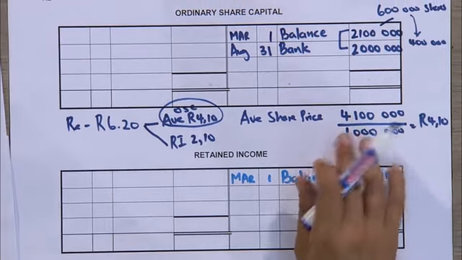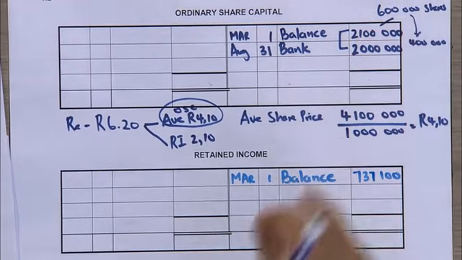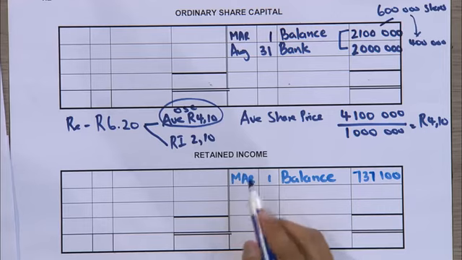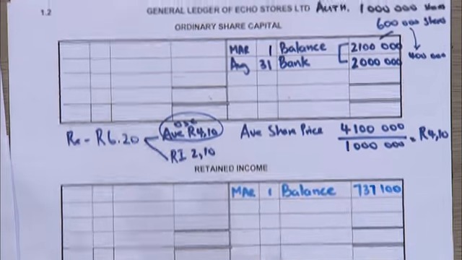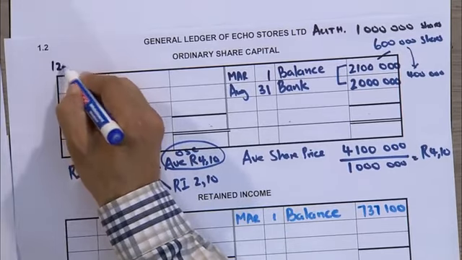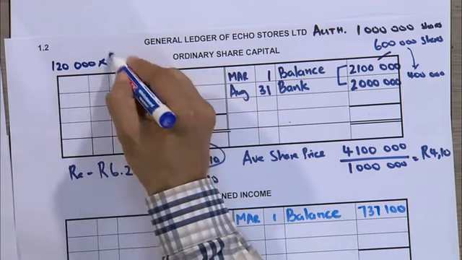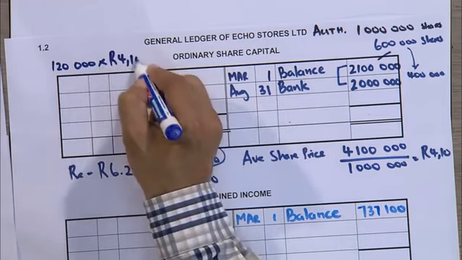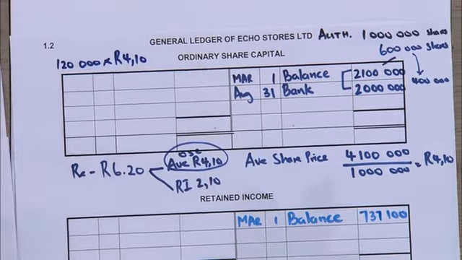Now when you're buying back, it means that your capital is going to decrease. And your capital is going to decrease by the number of shares that you're buying back, which in this case is 120,000 times R4.10. So your capital is going to decrease by that amount.